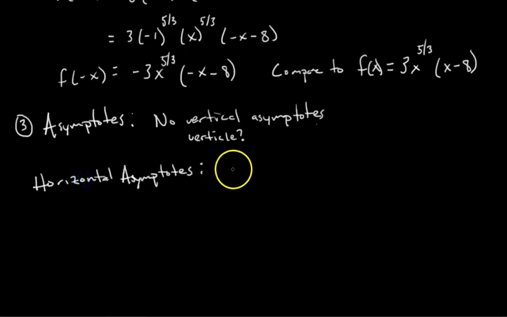So now think about it for a second. Do you remember how to check what the horizontal asymptotes of a function are? The approach is, first of all, think about what a horizontal asymptote means. If you have a horizontal asymptote of like y equals 2, that means that as the x values get really large, as you move to the right side of the function, the values are approaching y equals 2.